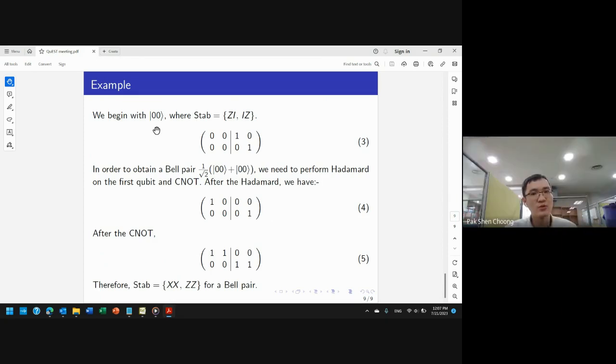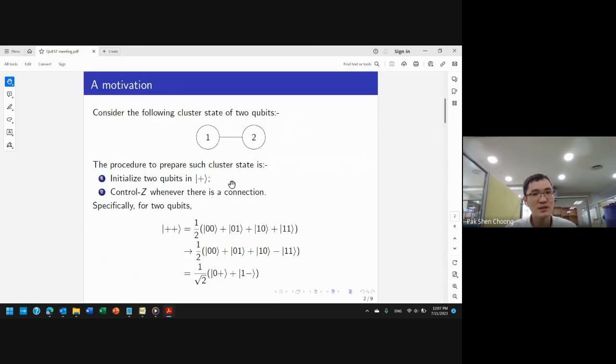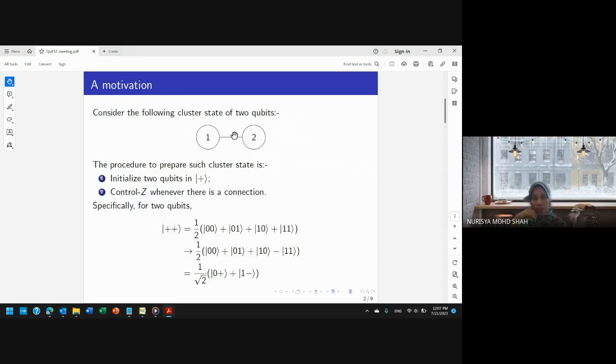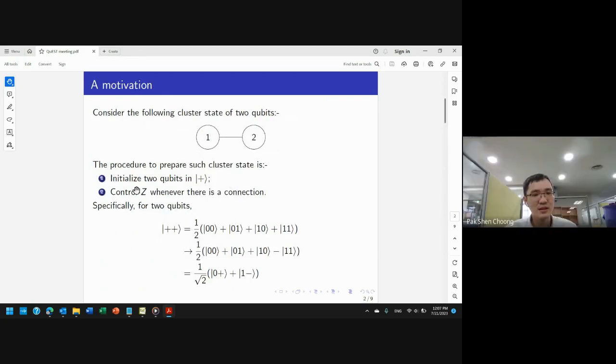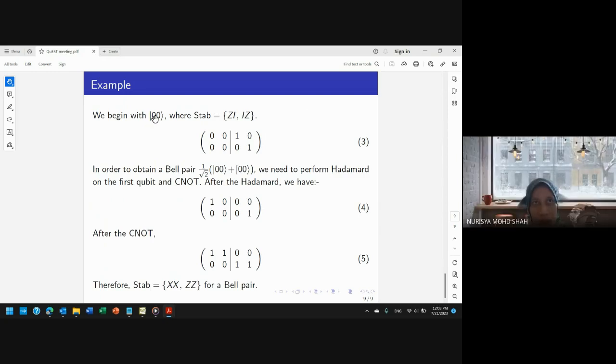So what you need to do is Hadamard the first qubit and then CNOT from first to second. So if let's say now you're doing this cluster state, because the initialization is in plus, right? If you start from 0, 0, the first step is you apply Hadamard on the first qubit and the second qubit, so that they become plus plus.